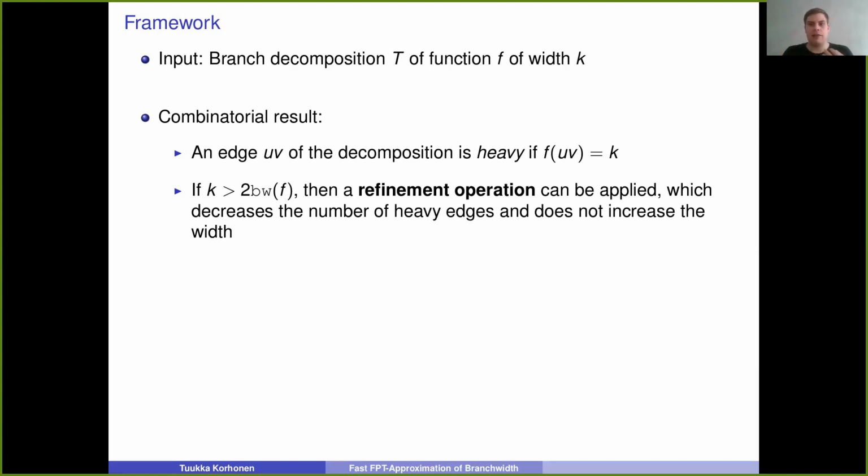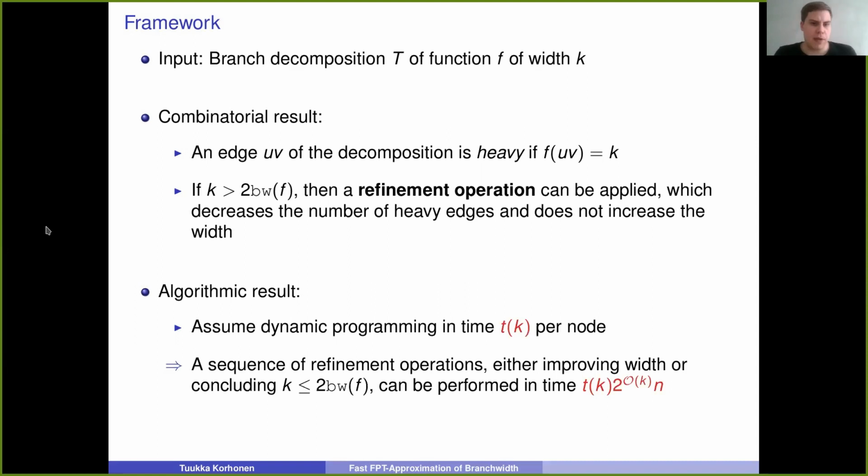At the start, we have at most n heavy edges, and if we apply n refinement operations, we get rid of all heavy edges, and then the width of this decomposition must decrease. Okay. So this is an outline of what will happen.